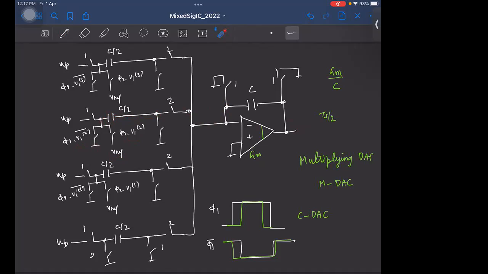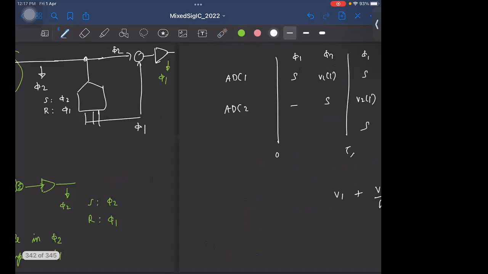Remember that for the DAC we have 3 inputs. Let's say in this case it is V1 of 3, V1 of 2, V1 of 1. We want an output of this form times some VREF by 4, or some voltage, I'll say some V0. This is the expected DAC output. This is realized by having these 3 capacitors, and the 3 capacitors will have a charge corresponding to, let me draw it here.